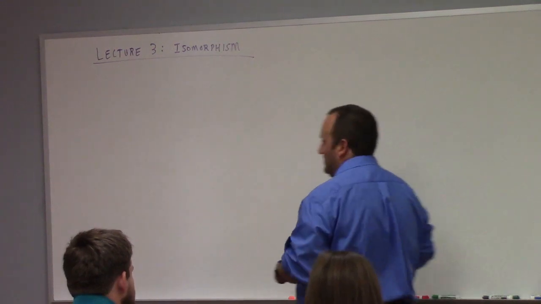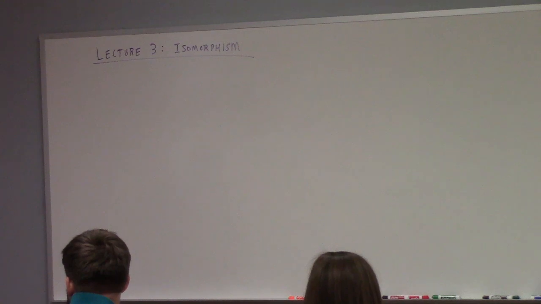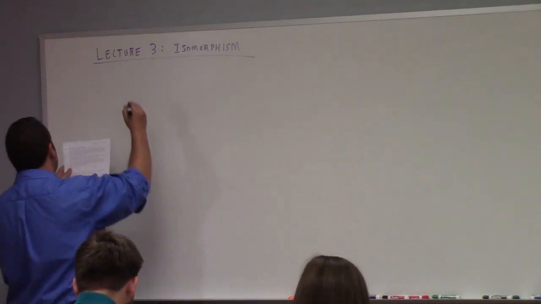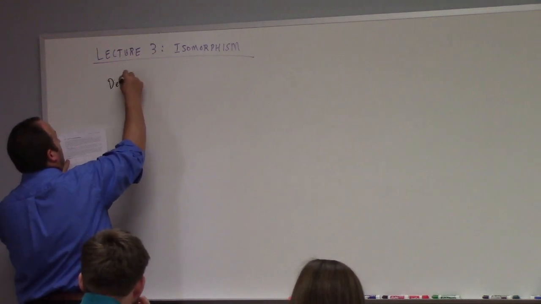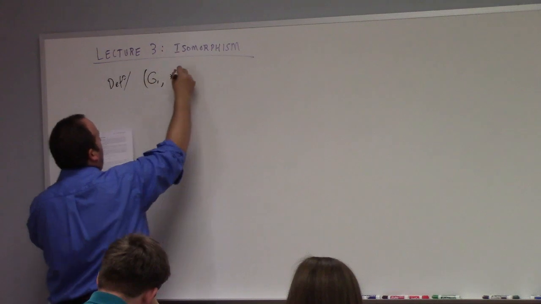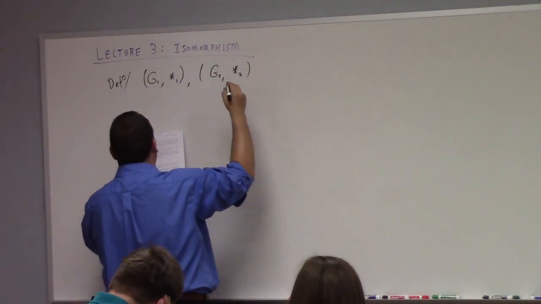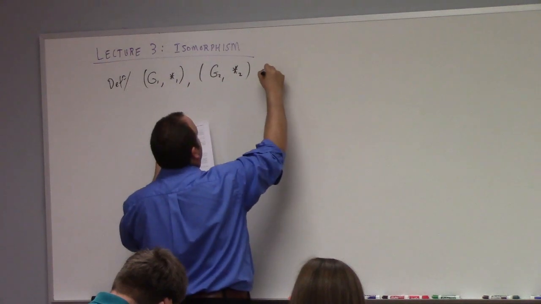But we don't work on intuition in here, we work on definition. So here's the definition of isomorphism. Let G1 and G2 be groups with operation 1 and operation 2. I'll use star sub 1 for the first group and star sub 2 for the second group operations.